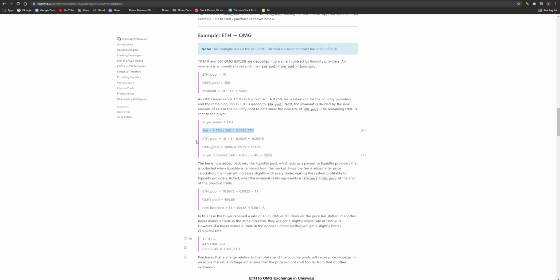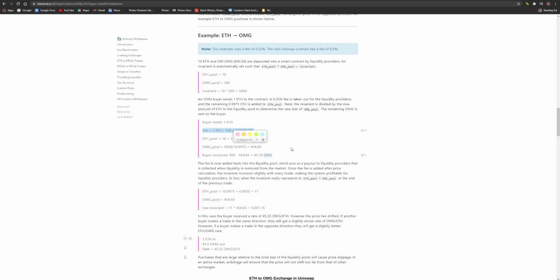So A times B must equal 5,000. In that case, 5,000 divided by the new A gives us what B has to be. The OMG token amount has to actually be 452 because we added a token on this side, so therefore this number has to decrease a bit in order for this formula to still be true. So that's why we do 5,000 divided by A to say this is what the B should be.